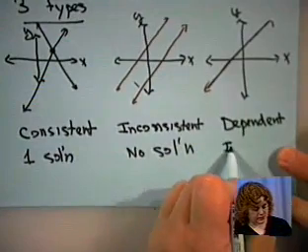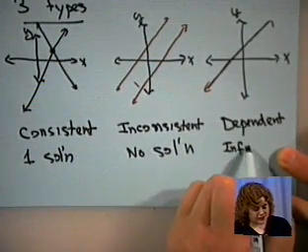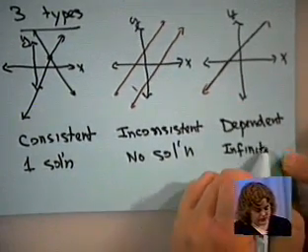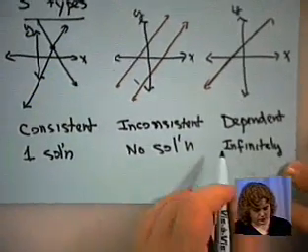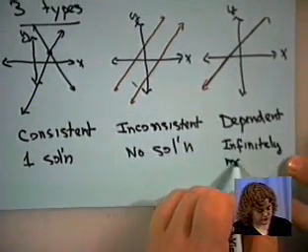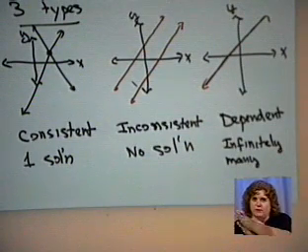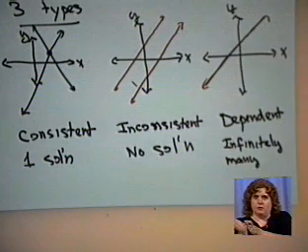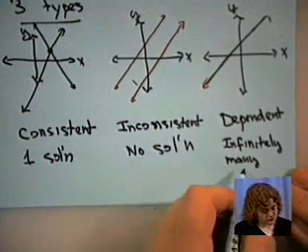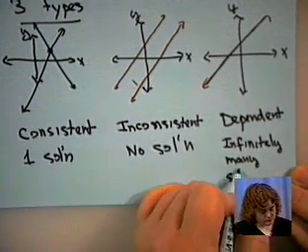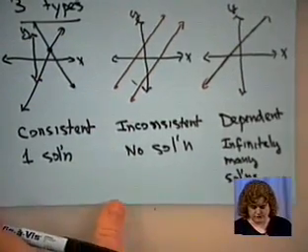There are infinitely many solutions. They intersect everywhere is another way of thinking about it. Not the best, but there are infinitely many solutions. But it will work if you can think, since they lay one atop the other, they share every point. That might be a better way of remembering. Every point is a solution.